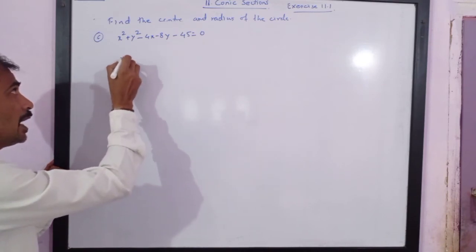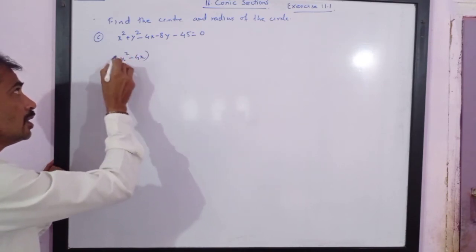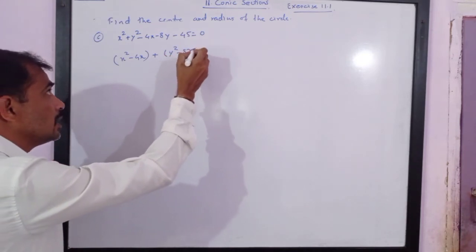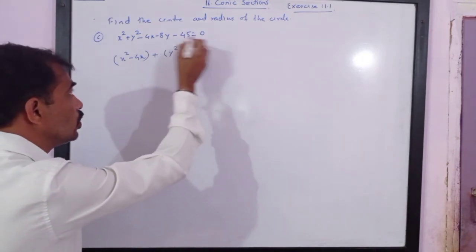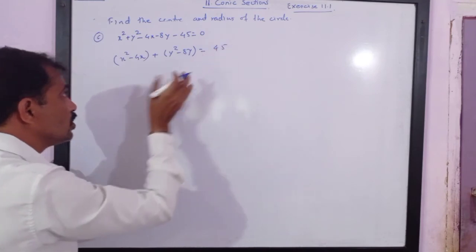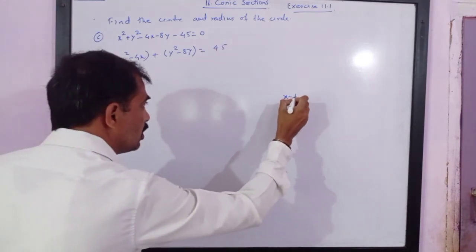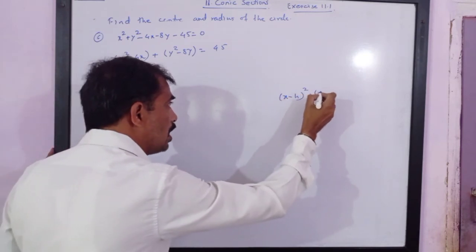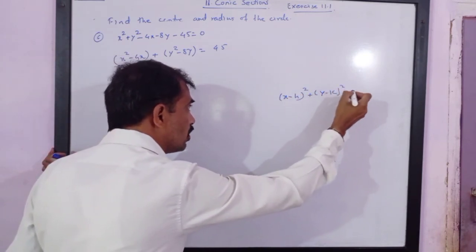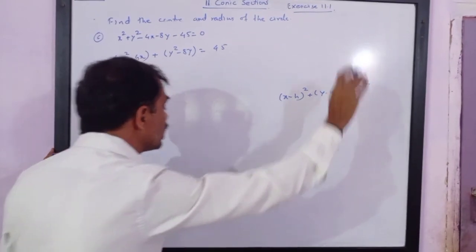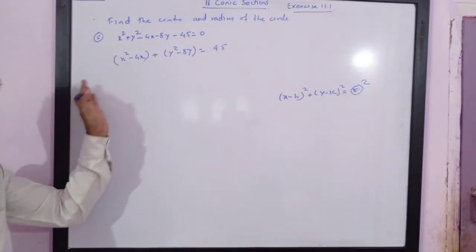So this will be x² − 4x + y² − 8y = 45. Please note, I am trying to arrange the equation in the form (x − h)² + (y − k)² = some constant, radius squared.